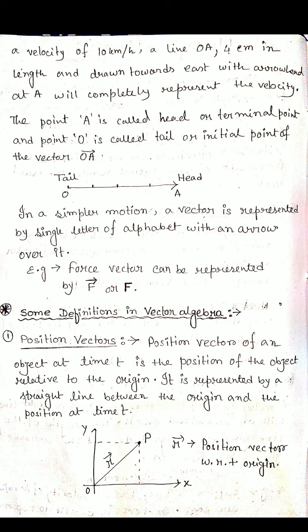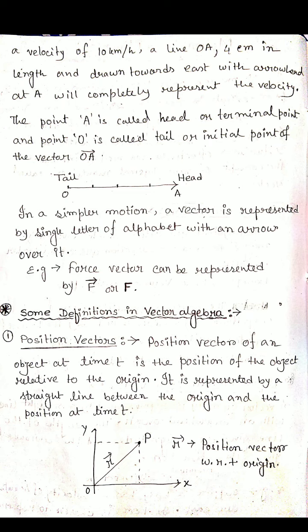It is represented by a straight line between the origin and the position at time t, or the position at point P, and it is denoted by the vector r. Small r vector is the position vector with respect to the origin. Because the point P has some coordinates x comma y, it has some value in x and also y.